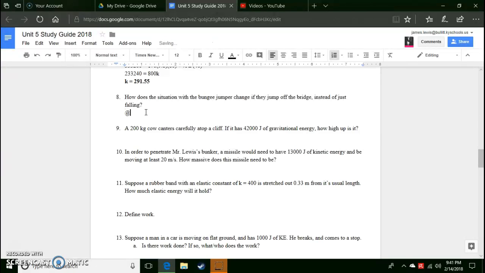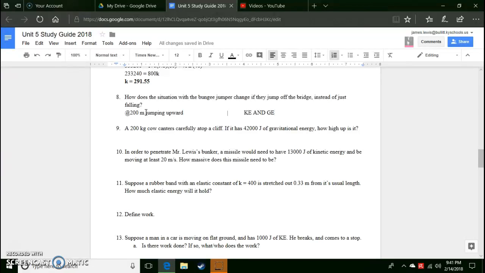So at 200 meters, we're jumping, so that means that we have jumping upward, and then my little bar. So that means that we're going to have KE and GE. We've got that gravitational energy from being on the bridge, and we also have some upward kinetic energy.